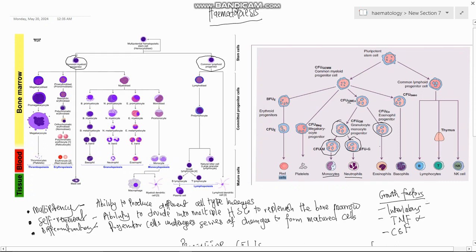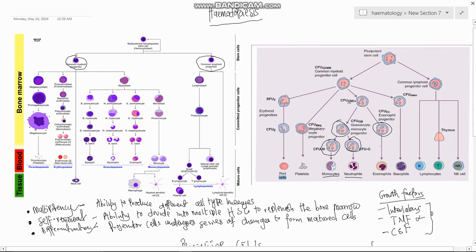So these growth factors are actually cytokines that induce the proliferation of progenitors or hematopoietic stem cells. They induce the proliferation and the maturation of hematopoietic stem cells or hematopoietic progenitors. So that is what these growth factors do.